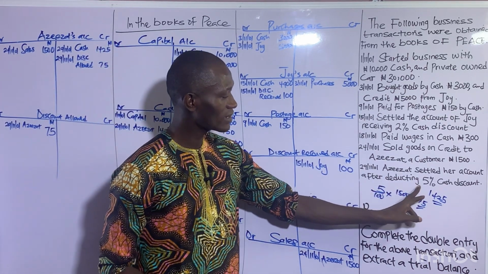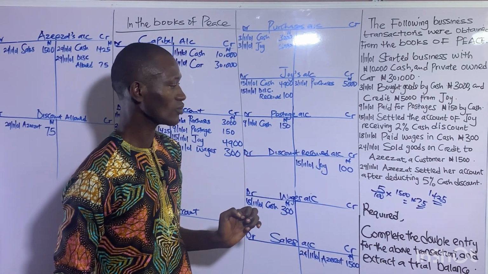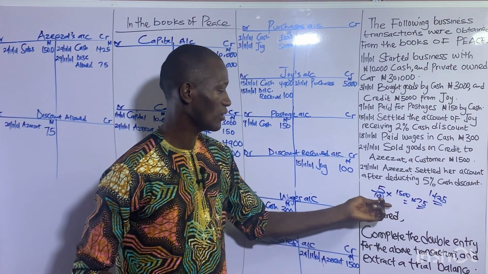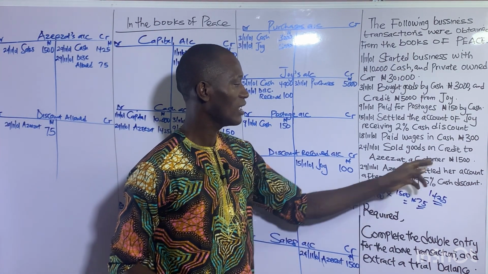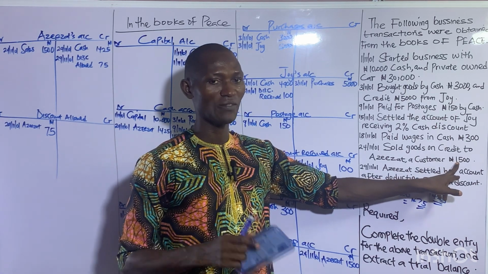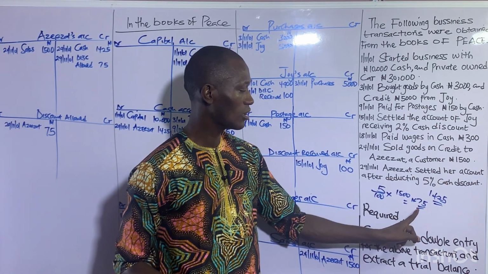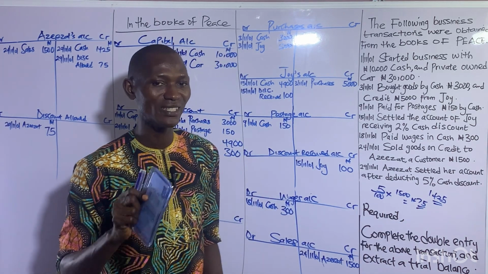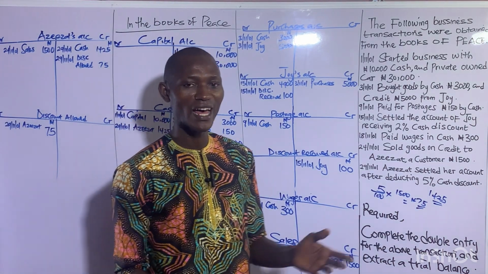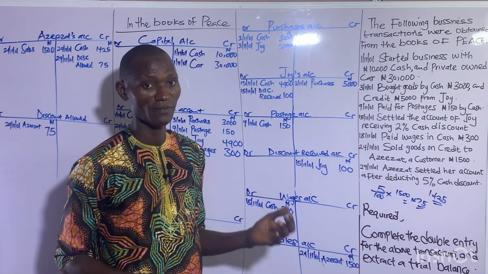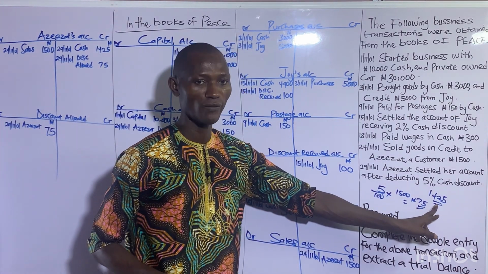Then the discount that Azizat was allowed was 5%. So 5% means 5 over 100, which we have done here. 5 over 100 times the value of the goods that was sold to Azizat, which is 1,500. So we got 75. That 75 is the discount that was allowed to Azizat. Then the actual cash that was received from Azizat was 1,425.